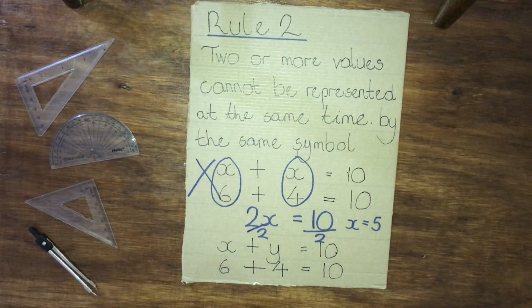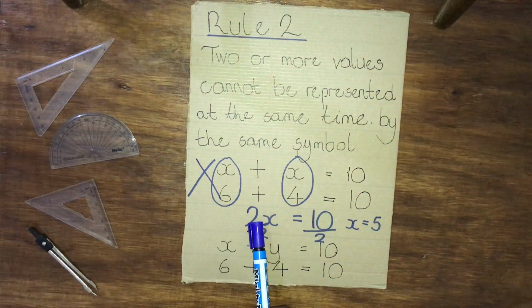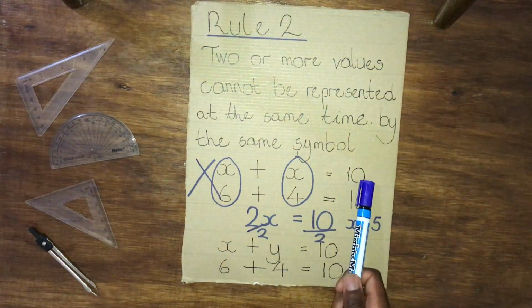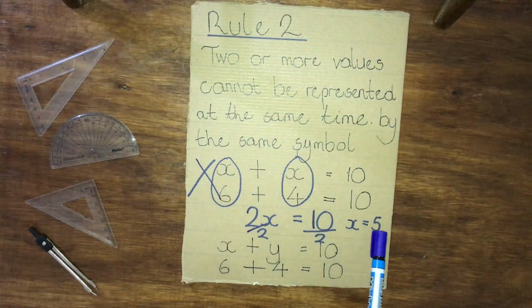Why? Because here we are given the same symbol, we can assume that that symbol has one value, and that can be proven. If we add the number of x's we see, we get 2x is now equal to 10. And if we divide both sides by 2, we get x is equal to 5.